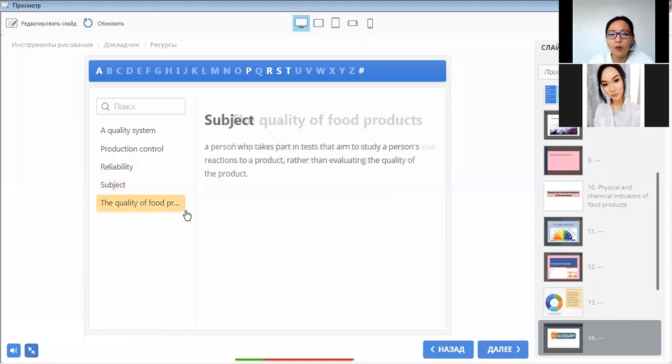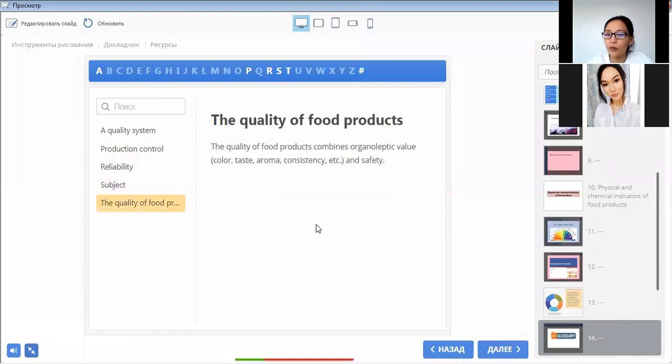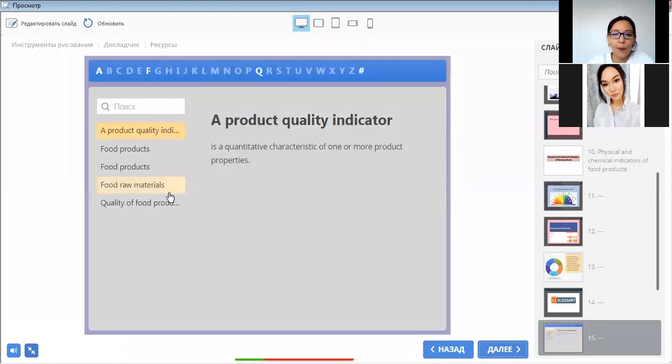And the next term is the quality of food products. The quality of food products combines organoleptic value, such as color, taste, aroma, consistency, and the safety of the food. Next is a product quality indicator. It's a quantitative characteristic of one or more product properties.